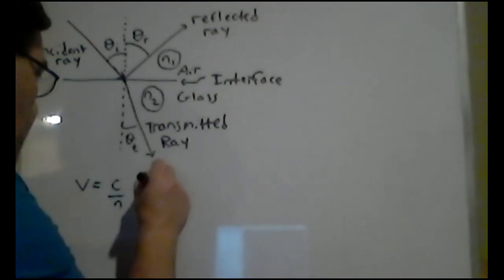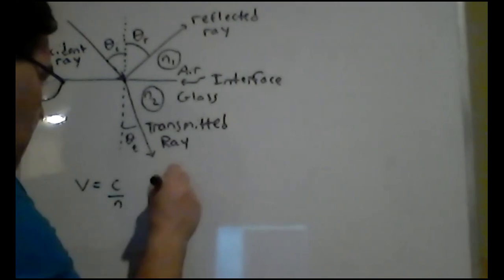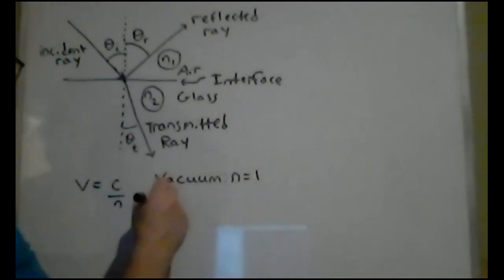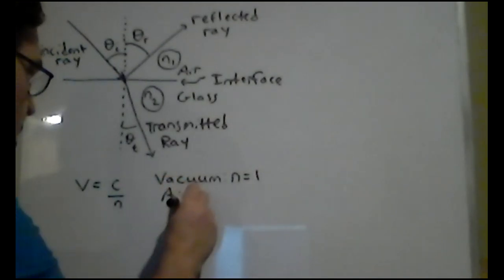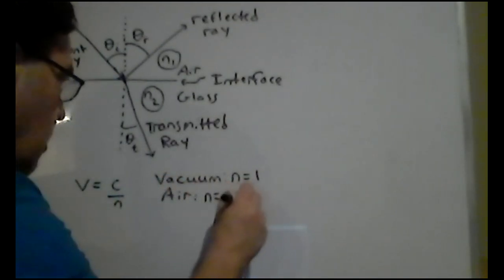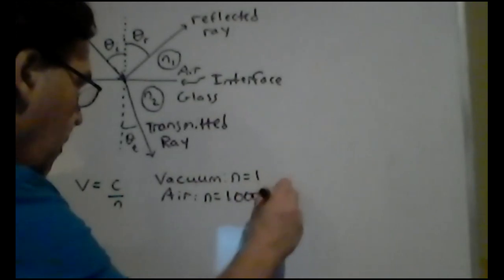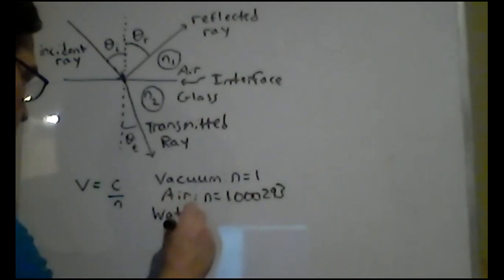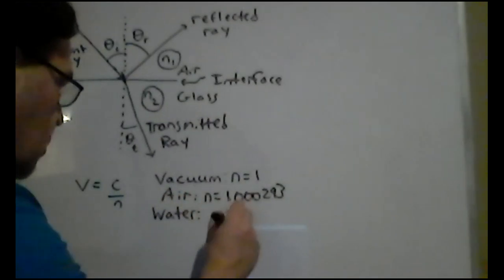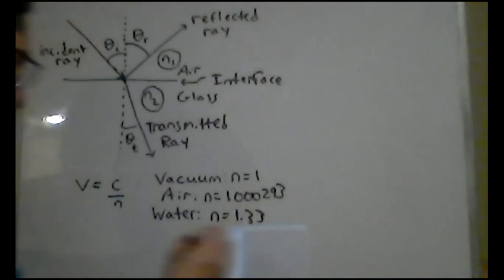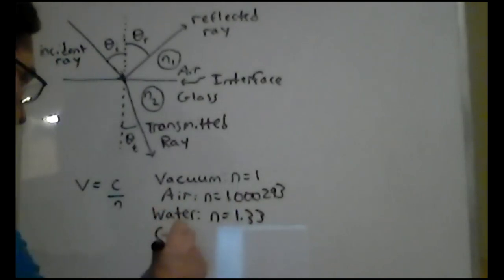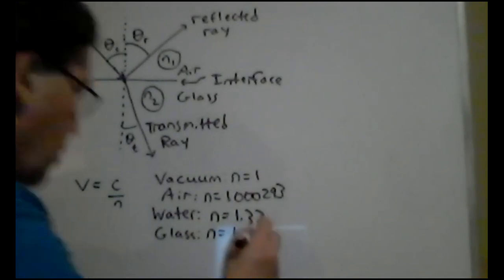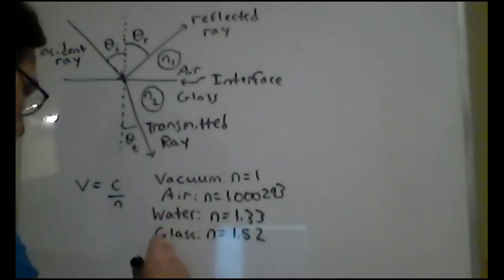Now, for a vacuum, like the vacuum of space, n equals 1. For air, n is 1.000293. That's one that I remember. For water, generally n is 1.33. Glass, n is about 1.52.